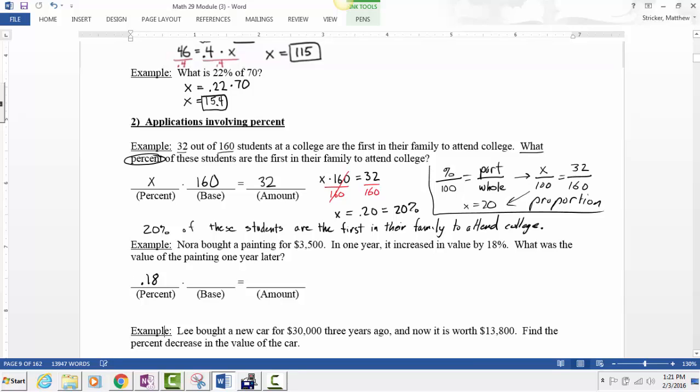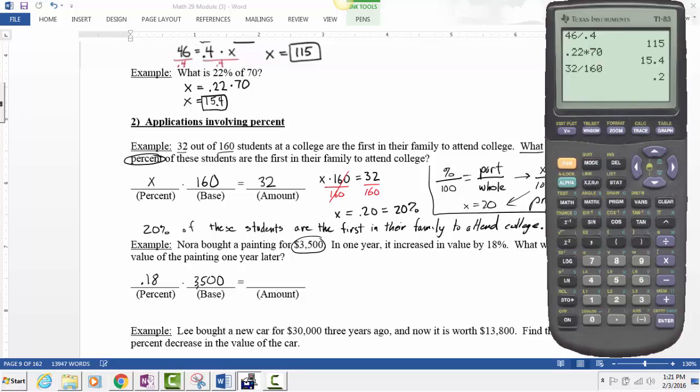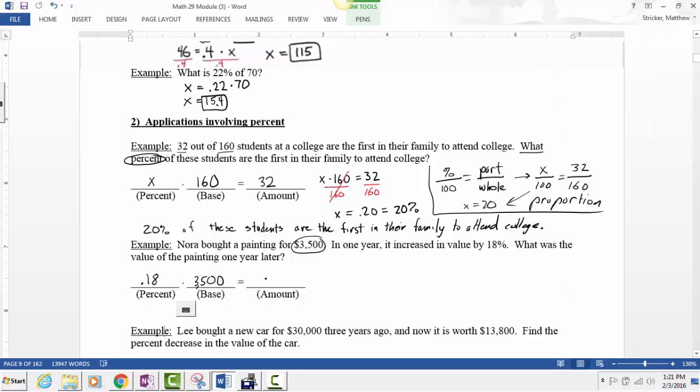That's the percent. The base, the total, is what she bought the painting for, the $3,500. So we want to figure out what 18% of $3,500 is, and we could just do that in our calculator real quick, because that's going to give us the amount of the increase.